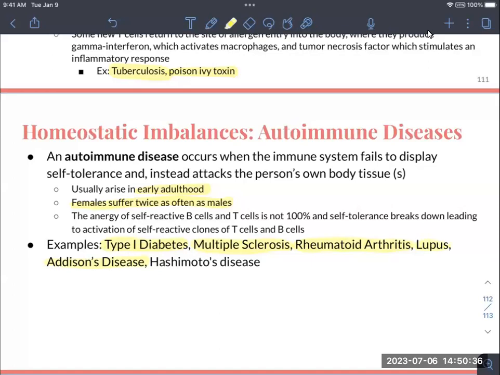Lupus affects a lot of different systems. And Hashimoto's, your immune system is attacking your thyroid gland. All of these are just because your immune system can no longer identify self from non-self, and it causes your immune system to start attacking your own body's cells, which starts breaking down different tissues.